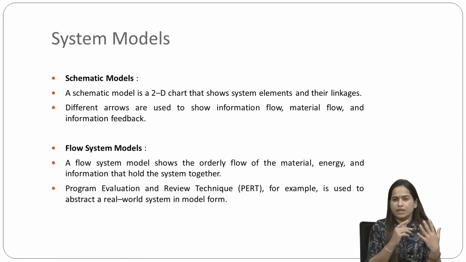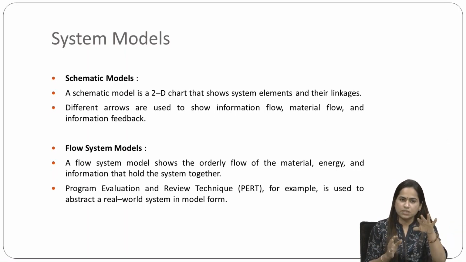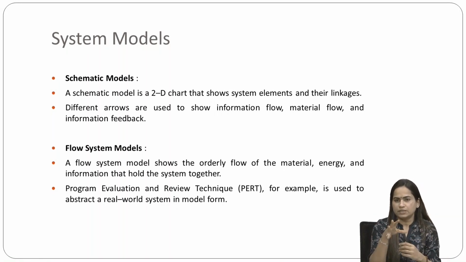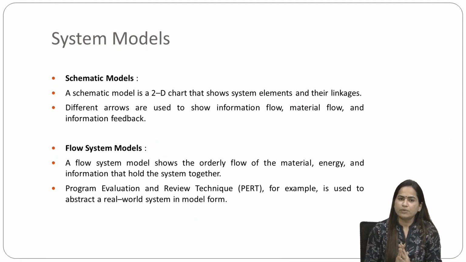In system we will have the material as well as the energy as well as information which will flow from one place to another place. So this flow system model will show the orderly flow of those things which are holding the system together. Program evaluation and review technique, PERT, is used to abstract a real world system in model form.